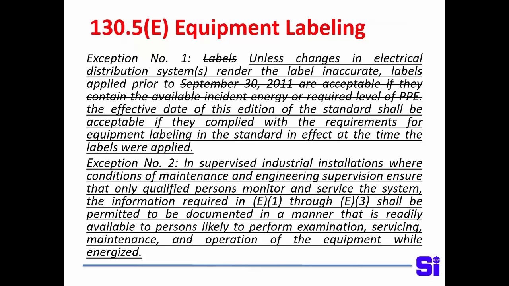If you have a double-ended substation where sometimes you have one tie closed, sometimes both ties closed, you'd be able to go up, scan that, and tell what the values are if it's a single tie or bus tie closed, and what they are if both are closed. So it's a way to allow technology to make the workplace a little more safe. And we don't want to constrain technology, so we're allowing for that here in exception number 2.